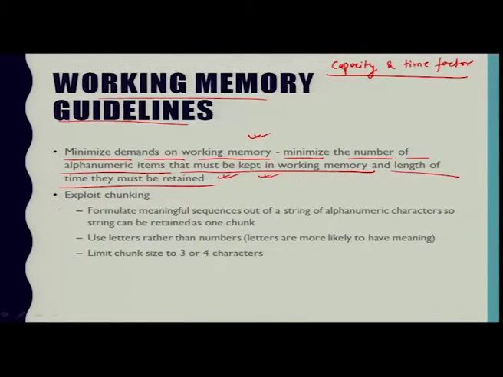Another guideline is to exploit chunking. Working memory is limited to processing 7 or so chunks of information at one time. A chunk is one piece of information that has some meaning, so it is not limited to a single digit or character. Given the way working memory manages chunks, there are several ways in which chunking can be used.